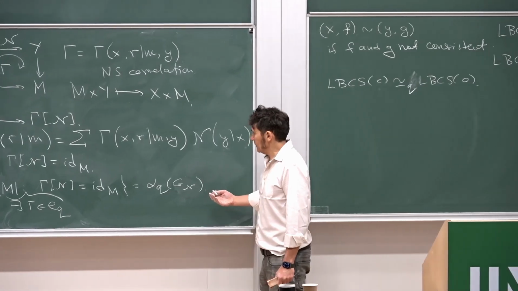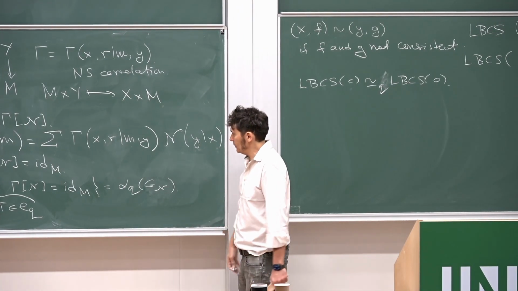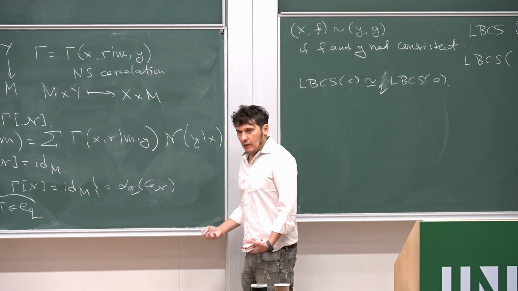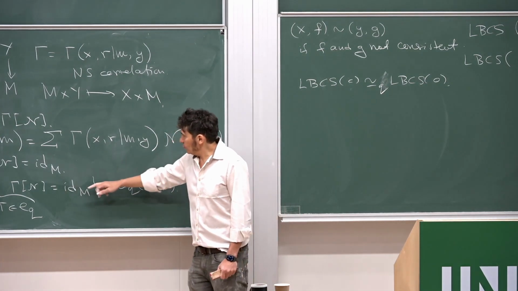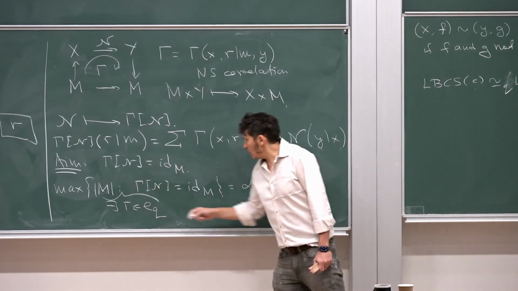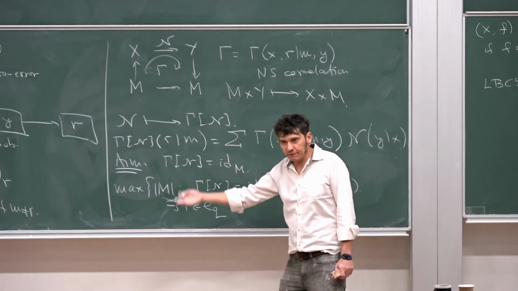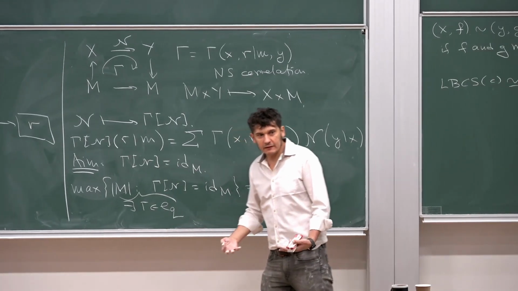So actually the graph is the underlying thing. This channel N gives me a confusability graph G. And if I try to compute this, this relation here depends only on the support of N. In other words, it only depends on the graph of N and not on the probabilities, or not the actual values.